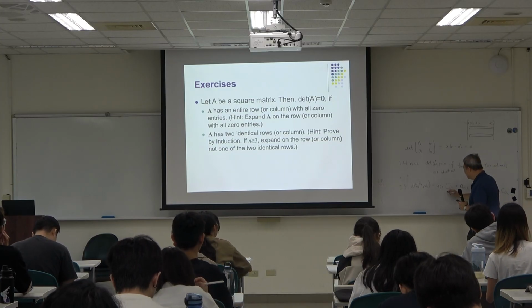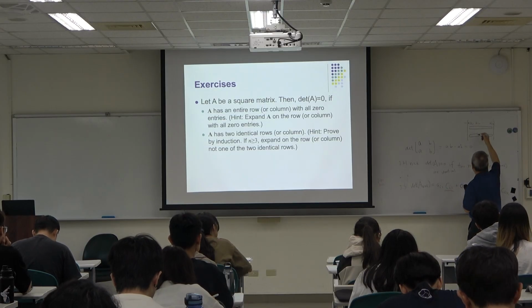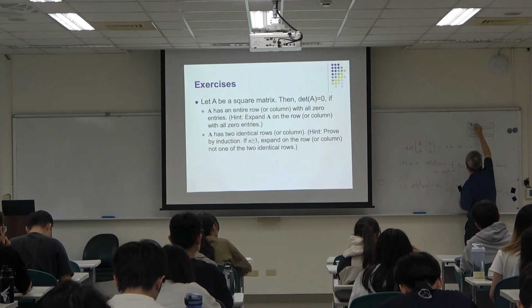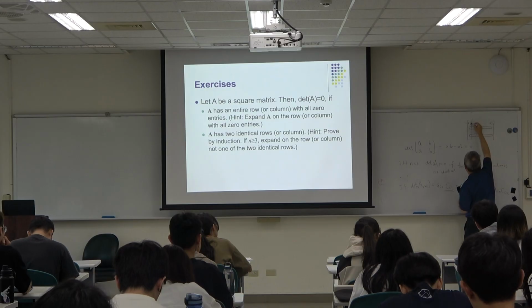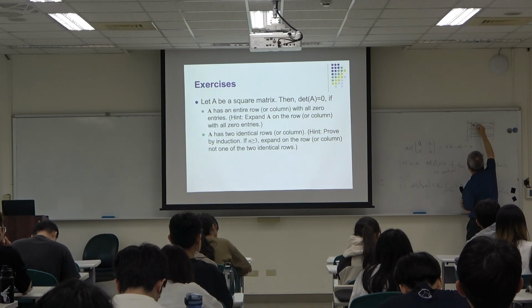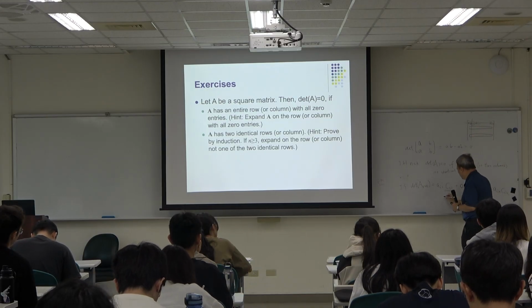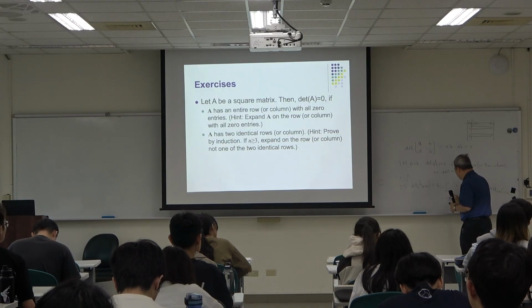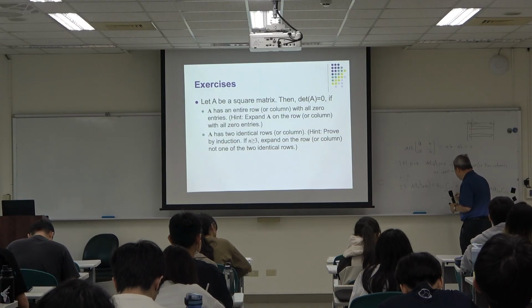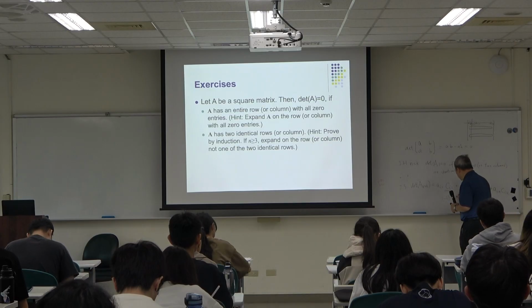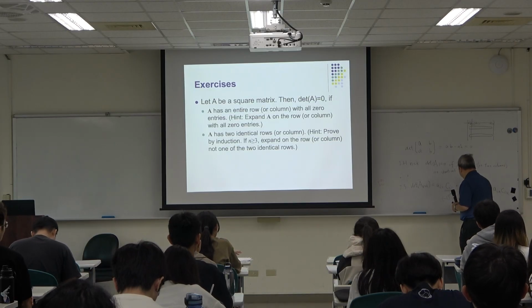For each C, look here. For example, for AI1, you get rid of this row and this column. So you are calculating the determinant of the minor of AI1, right?